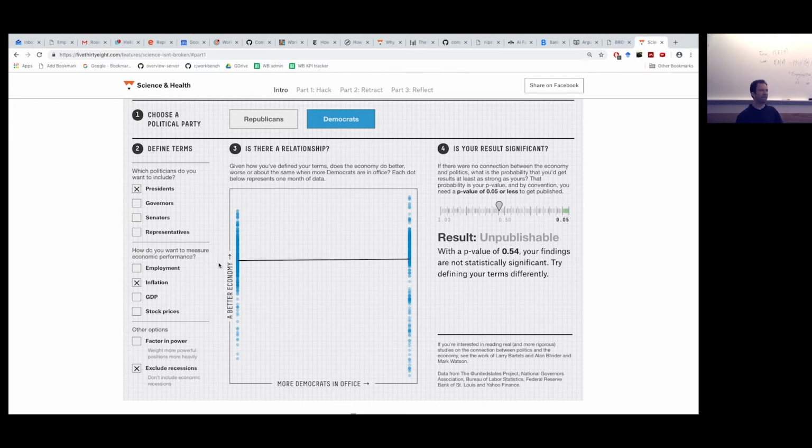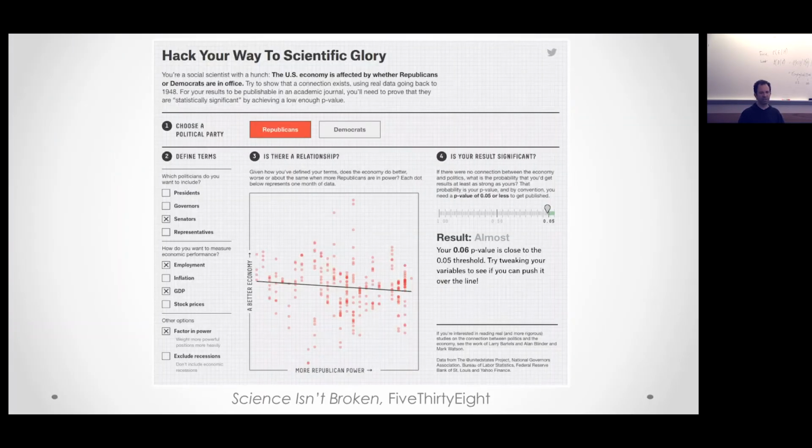Rather than saying this policy definitely reduced crime rates, say the crime rates fell by 5%, but that's statistical error, so it could be actually anything from an increase of 1% to a decrease of 10%. Find a way to show the uncertainty. And we're still learning how to do this in journalism, to talk about the uncertainty.